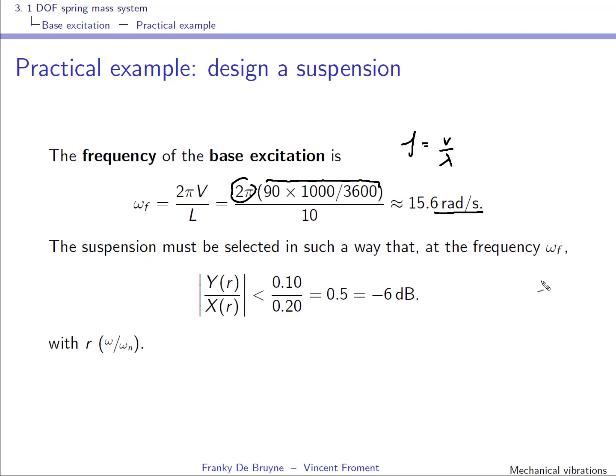We know that at the forcing frequency, the amplitude of vibration should never be larger than 10 centimeters, knowing that the input is 0.2 meter or 20 centimeters. This means that the displacement transmissibility at the forcing frequency should be smaller than half, or smaller than minus 6 dB.